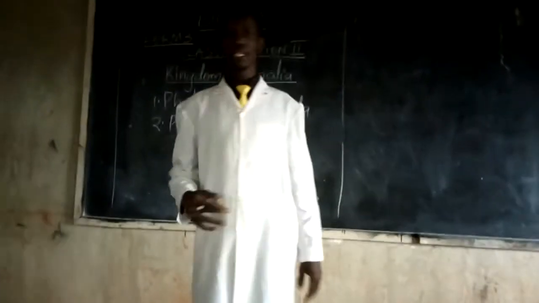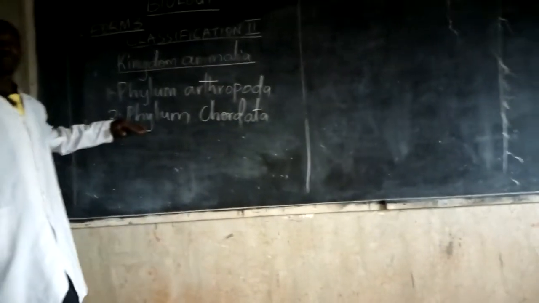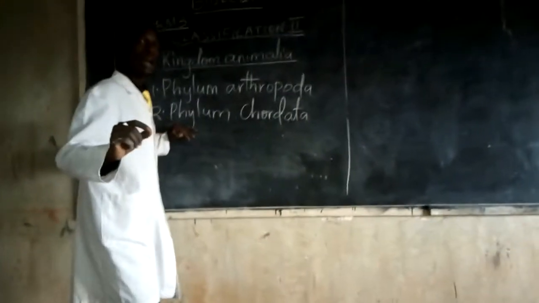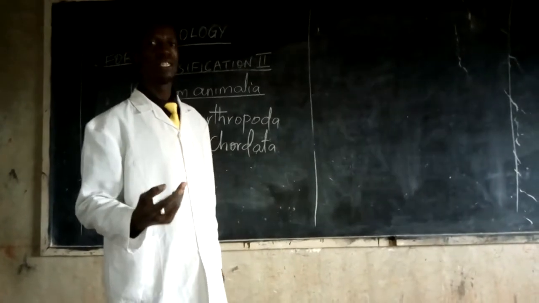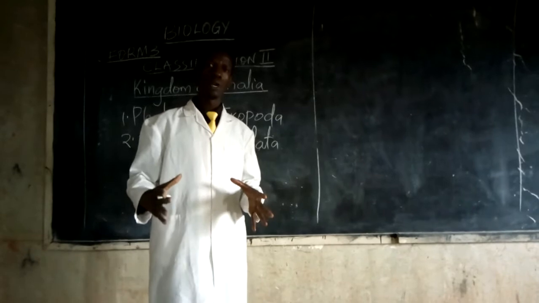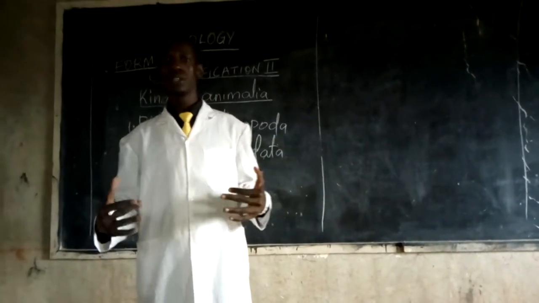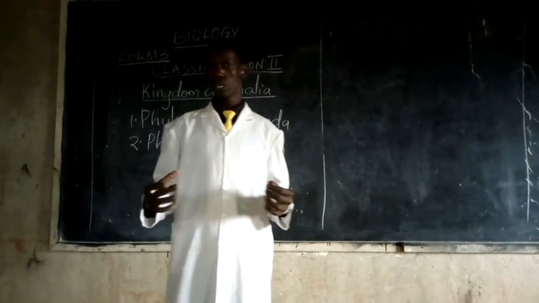As I said earlier in the previous lesson, phylum Chordata comprises those organisms which have a notochord at their early developmental stage of life. When they mature, in some organisms, the notochord detaches from the body of that organism.